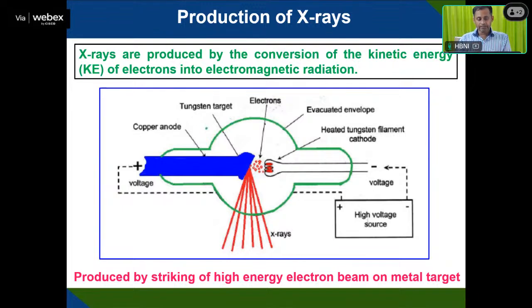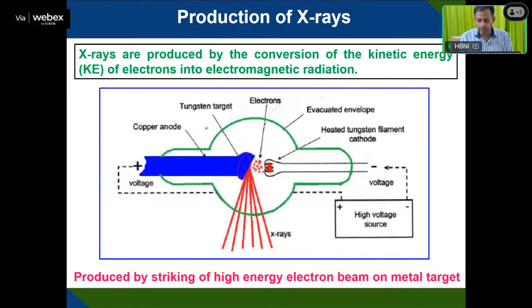These X-rays are mainly produced by the conversion of the kinetic energy of electrons into electromagnetic radiation. You can see here a cathode ray tube. Inside it there is the target, and the copper anode is here, and you have the tungsten filament.